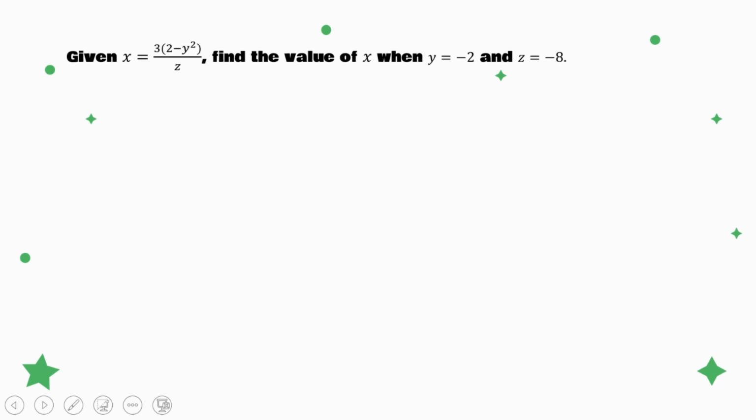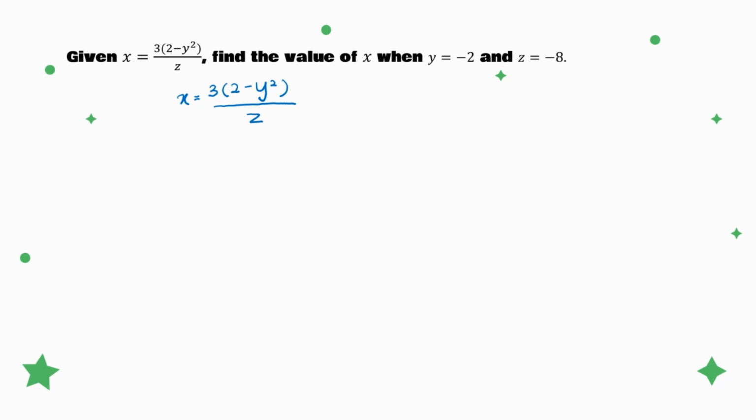Let's do the next question. Given x equals to 3 in bracket 2 minus y square over z. Find the value of x when y equals to negative 2 and z equals to negative 8. We already have information about y and z. So we copy back the equation. X equals to 3 in bracket 2 minus y squared over z.